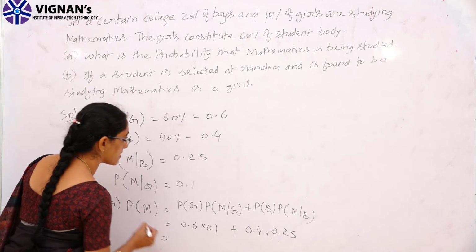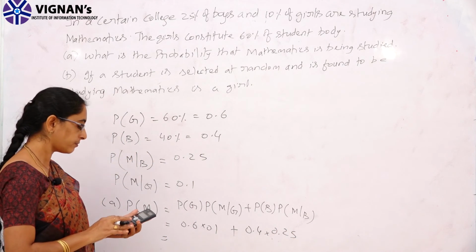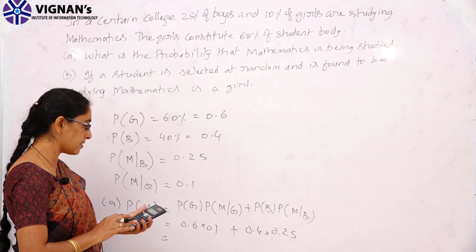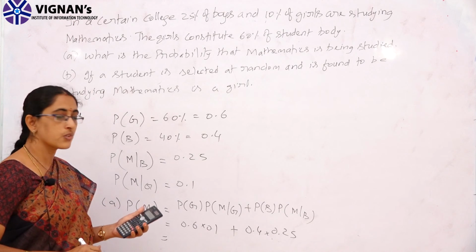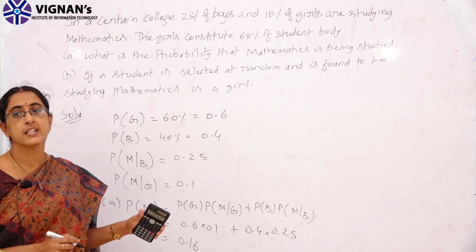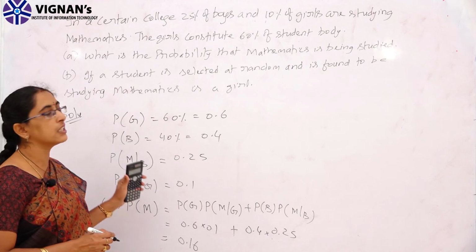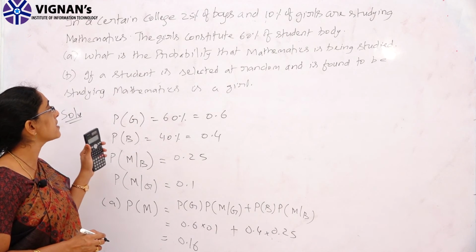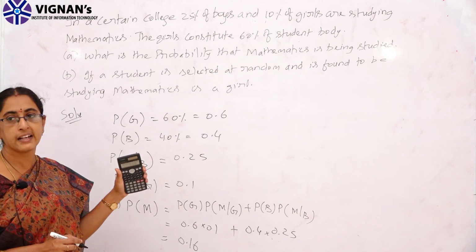Now, simplify this using a calculator. So, 0.6 into 0.1 plus 0.4 into 0.25, it is 0.16. So the probability that mathematics is being studied by both girls and boys is 0.16.